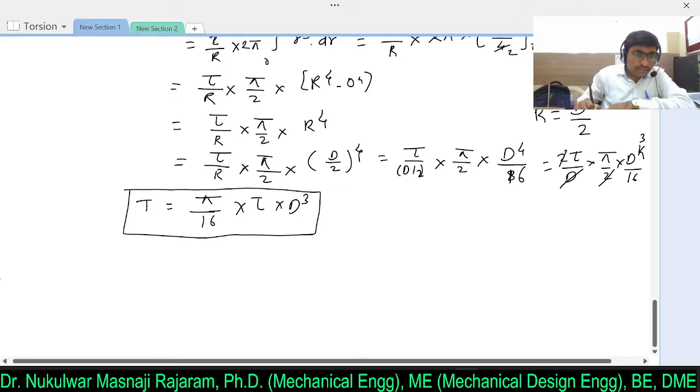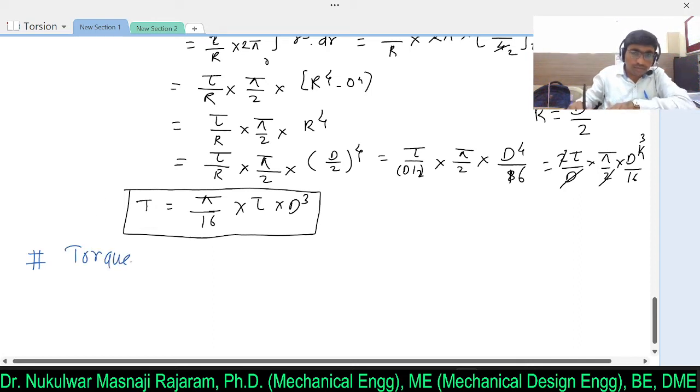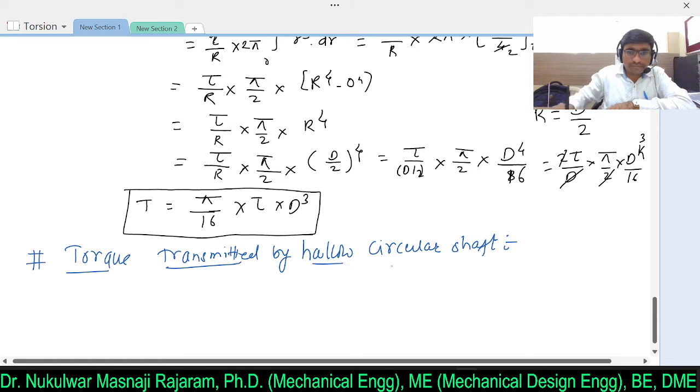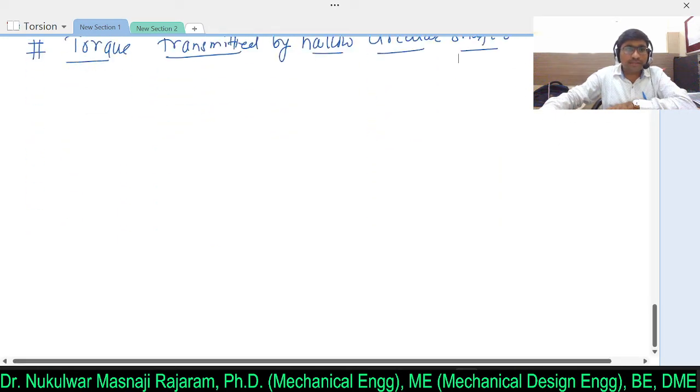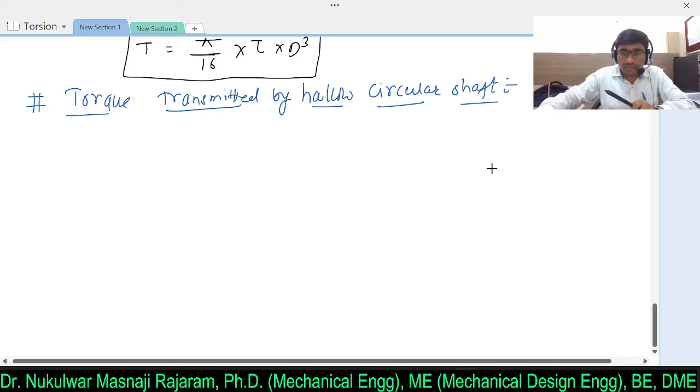Now again we can evaluate, because a shaft may be solid or a shaft may be hollow. So I will write torque transmitted by hollow circular shaft. So for that purpose I will consider a hollow shaft over here.